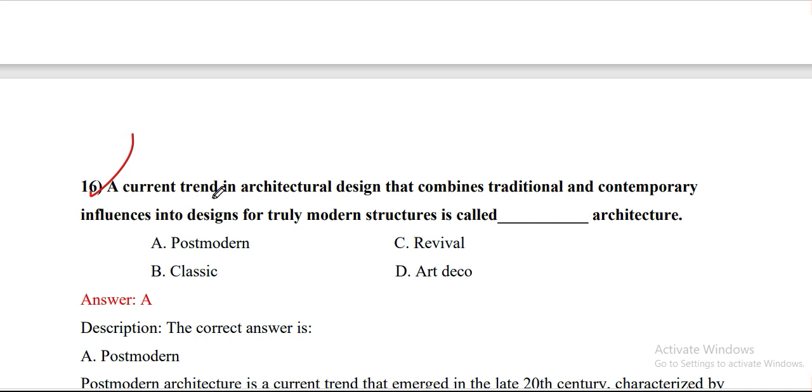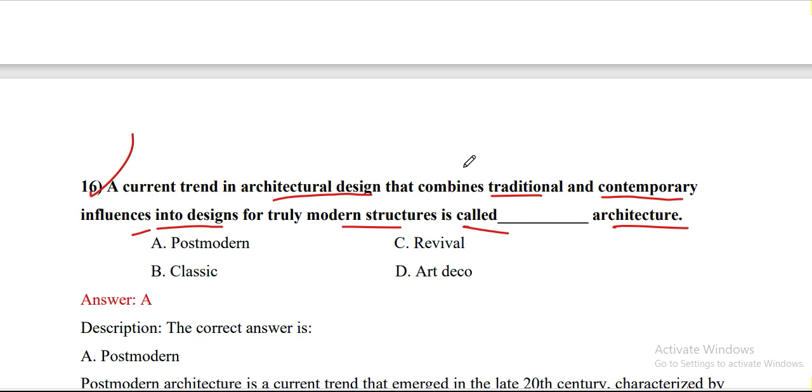A current trend in architectural design that combines traditional and contemporary influences into a design for a truly modern structure is called dash architecture. This shows that there are different types of architectural design.